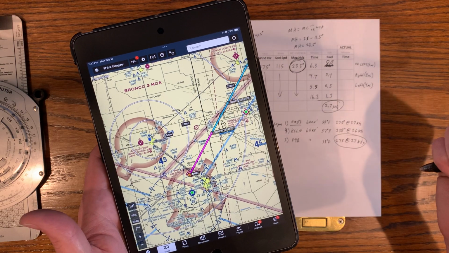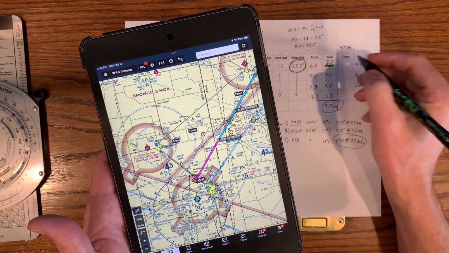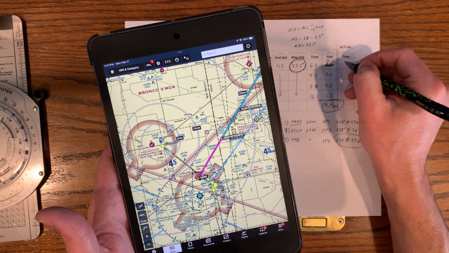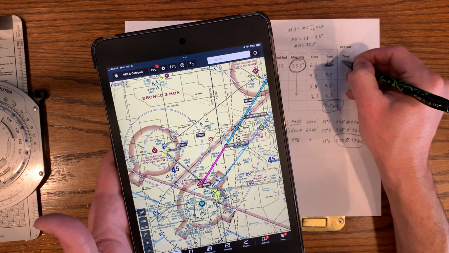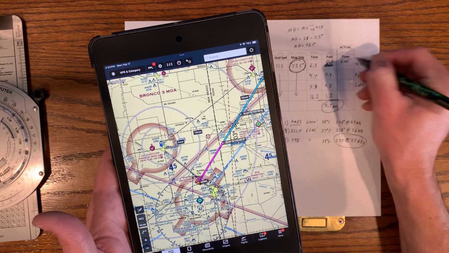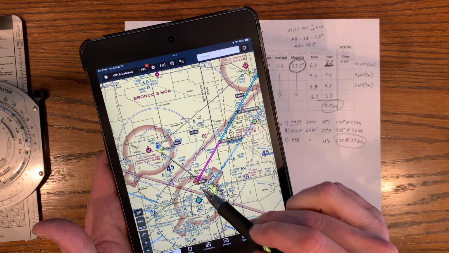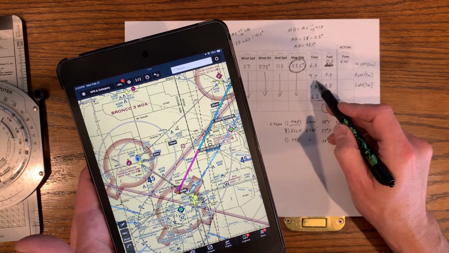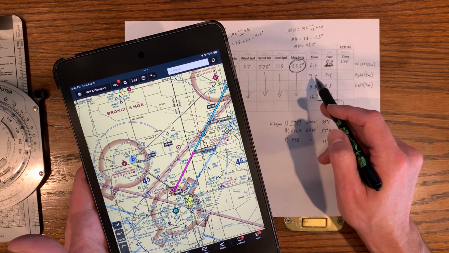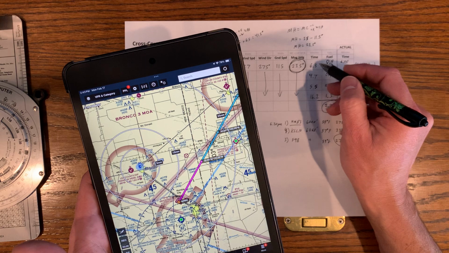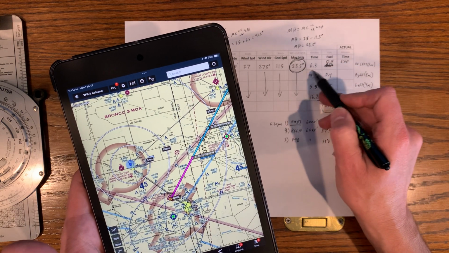So you would write it down. You'd either start the timer or you write down the time. It's easier actually to look at your watch or your iPad or whatever and write, it's 6 o'clock right now. Then you know when to expect your first waypoint. You're flying your heading, you're maintaining altitude, and you know that it's going to take you 6.3 minutes.